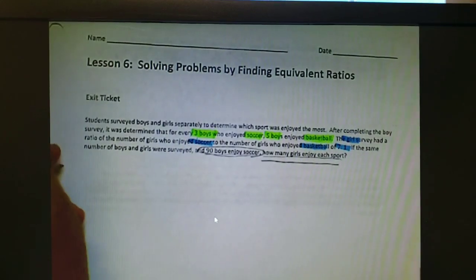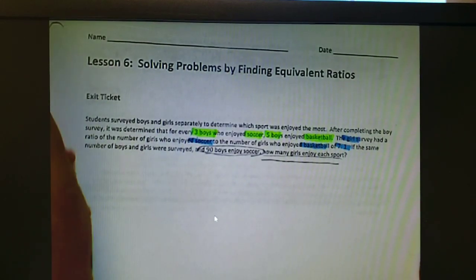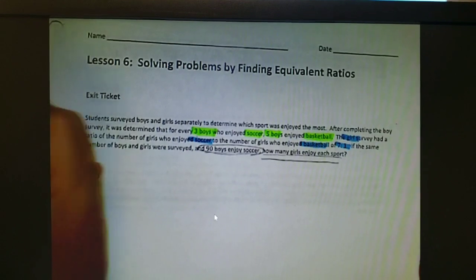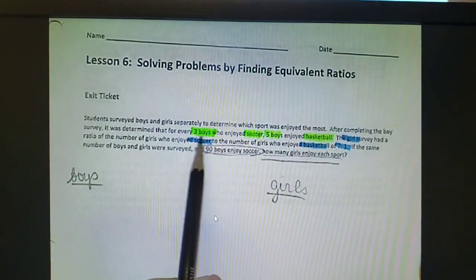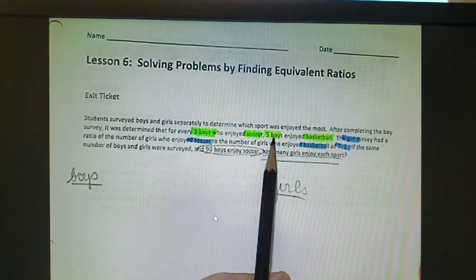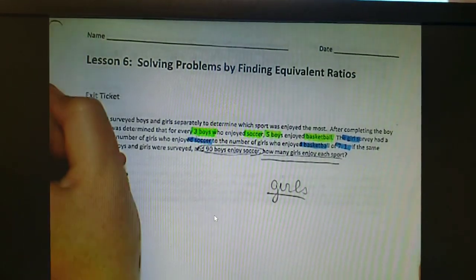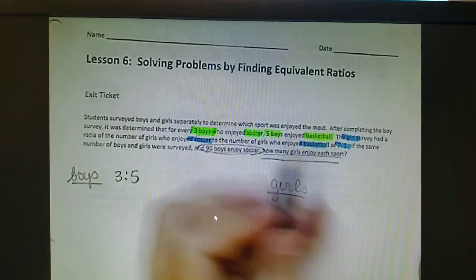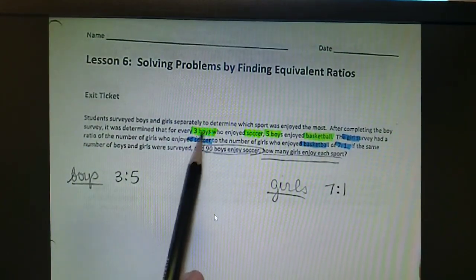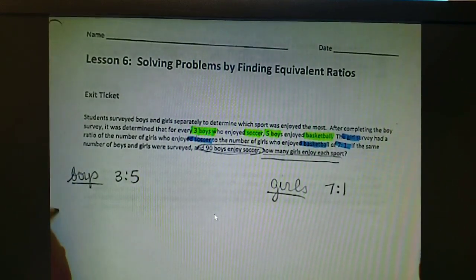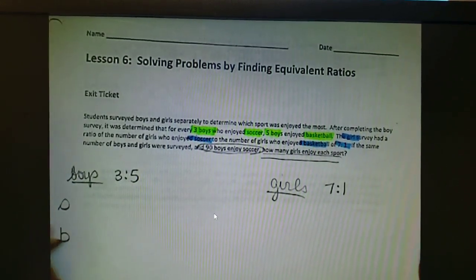So we are going to divide this into boys and girls. Our ratio for our boys is 3 to 5. And our ratio for our girls was 7 to 1. Okay, and for both of them, it was soccer to basketball. So here's soccer, here's basketball.